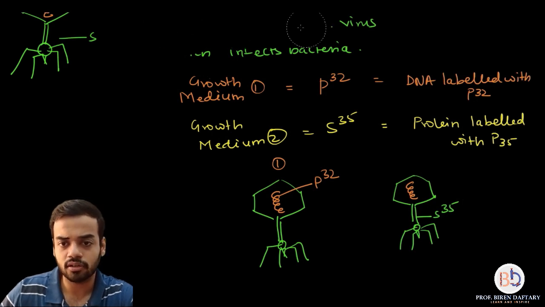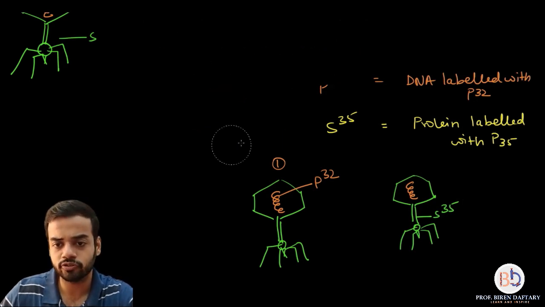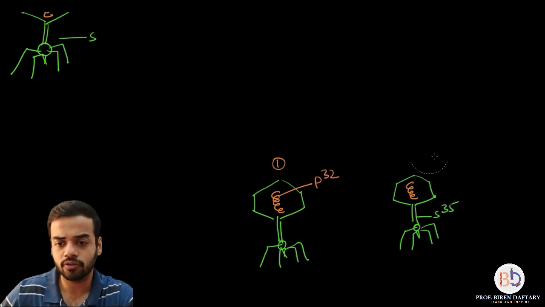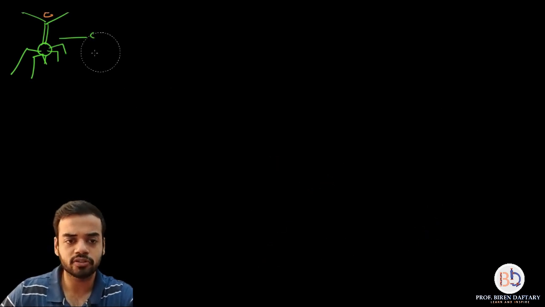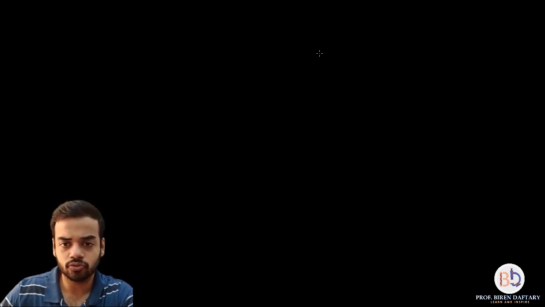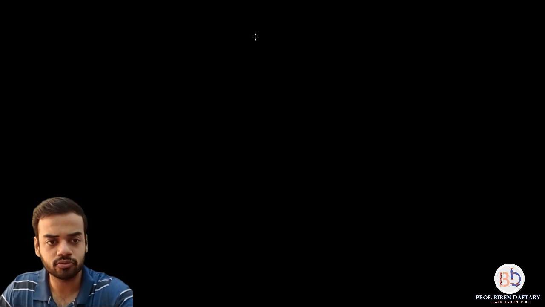Since we are having shortage of space, let me rub this off. Now what they did was they allowed both the bacteriophages to infect the bacterium. I'm just going to write this down, not draw them again.